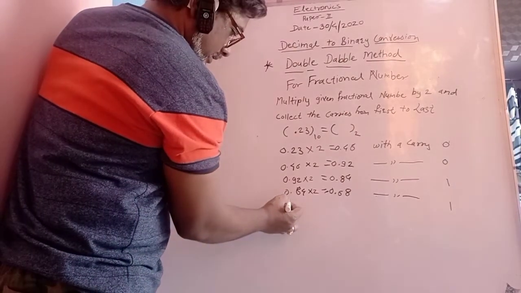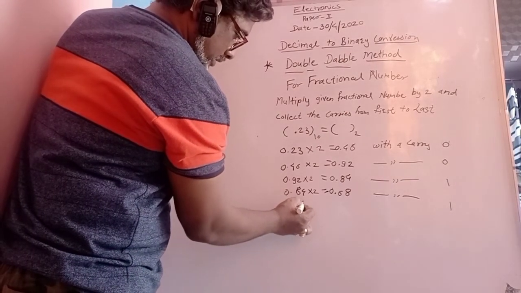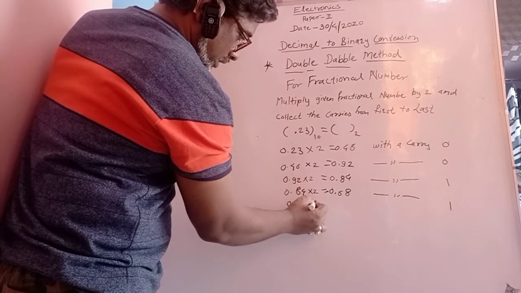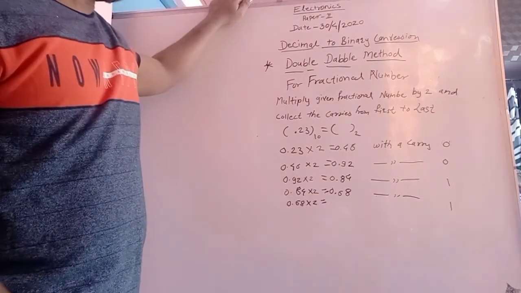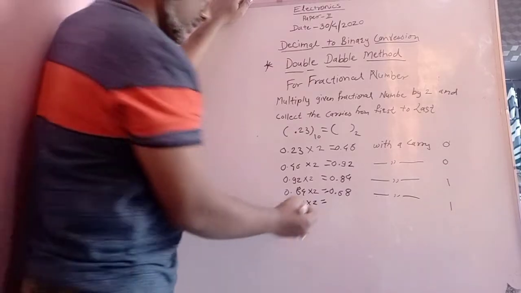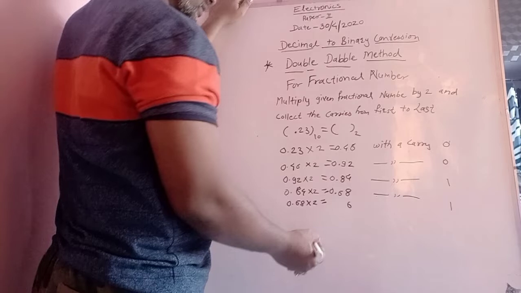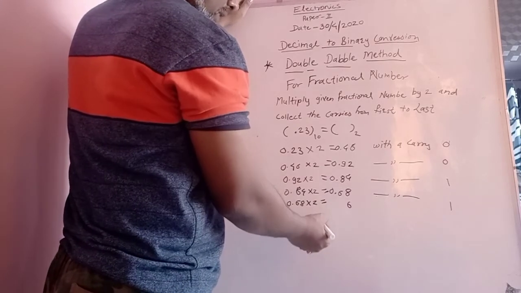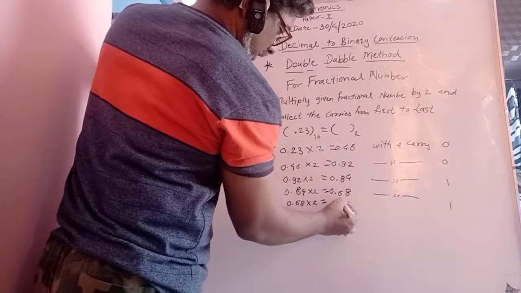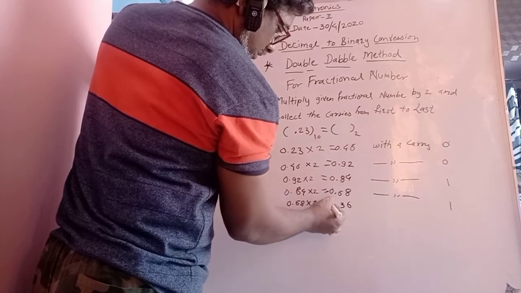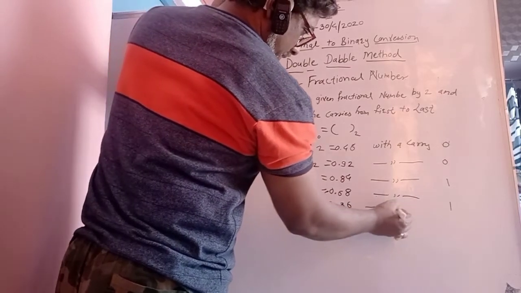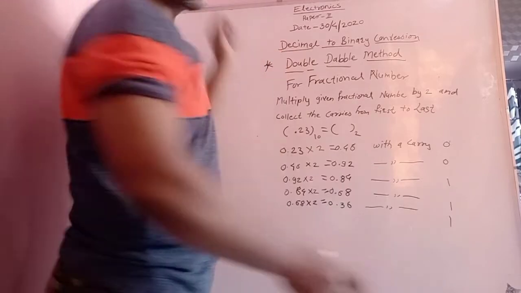Then again 0.68 into 2, 2 times 8 is 16 with the carry 1, 2 times 6 is 12, that is 13 with a carry. So it continues.